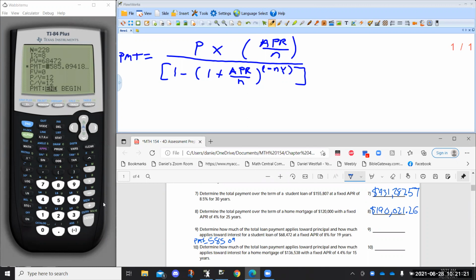We're going to go ahead though, and find this here, but we want to subtract now the present value, the principal. Oops, hang on, that was a negative number. That plus.